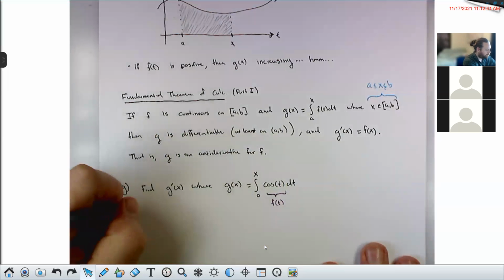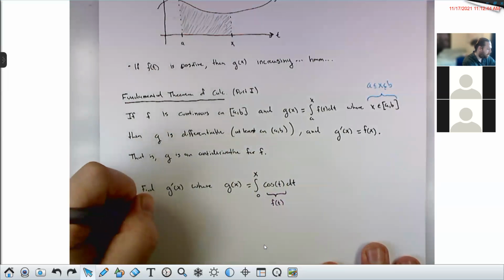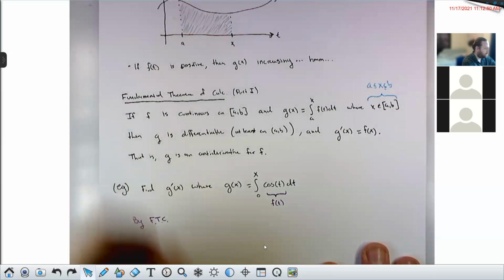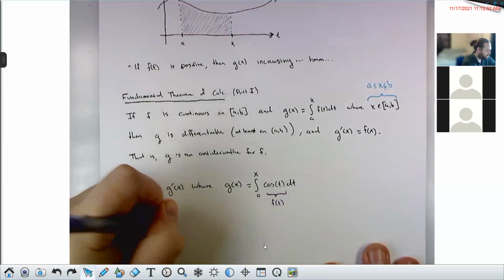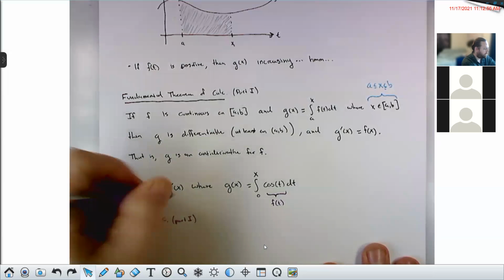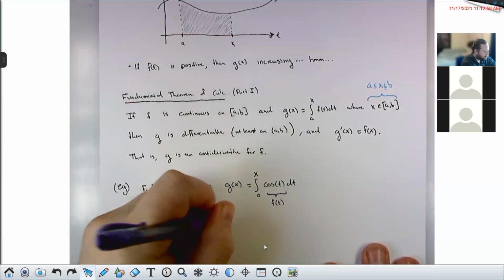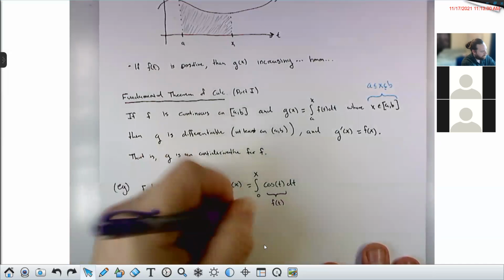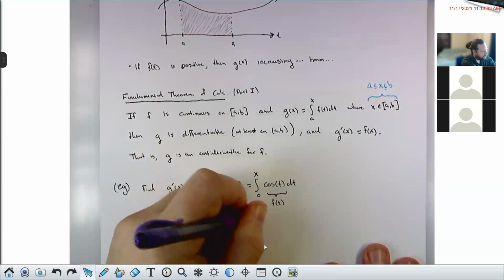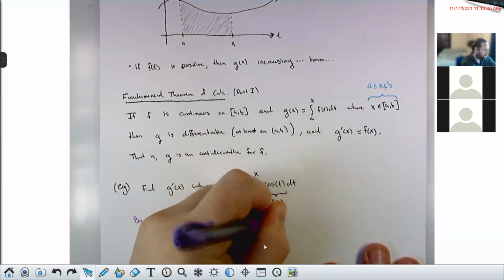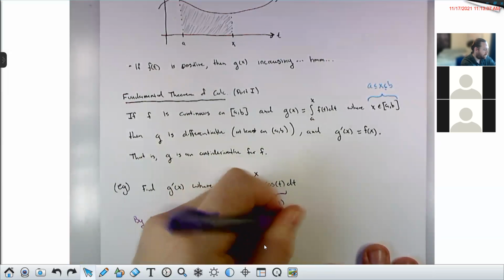So by the fundamental theorem, part 1, I'm going to abbreviate fundamental theorem of calculus as FTC because it's a lot to write. By FTC part 1, g prime of x should be f of x, which would be cosine of x.